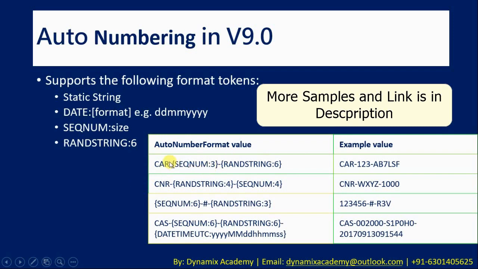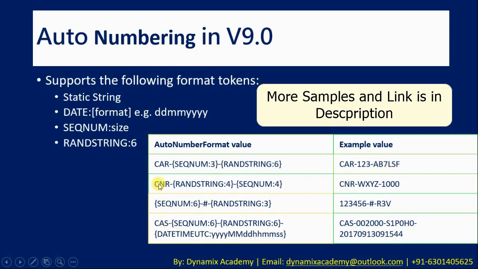It will be replaced with a 3 digit sequential number that will be auto incremented every time a new record is created, and then hyphen and a random string of 6 characters. It can be any random string. Here you can see an example, car hyphen sequential number 123. So a 3 digit number will be generated, and any 6 character random string will be generated.